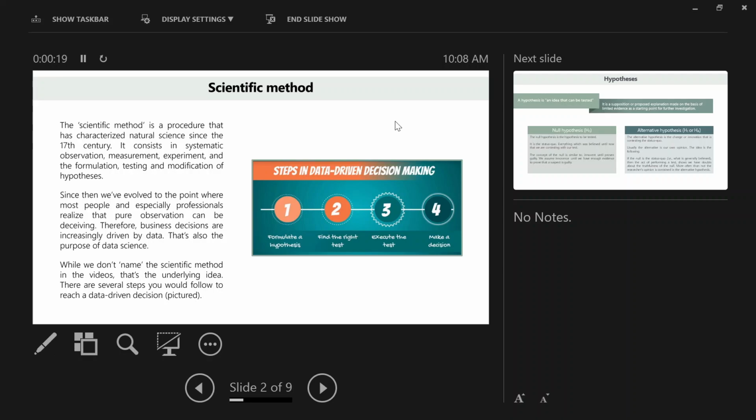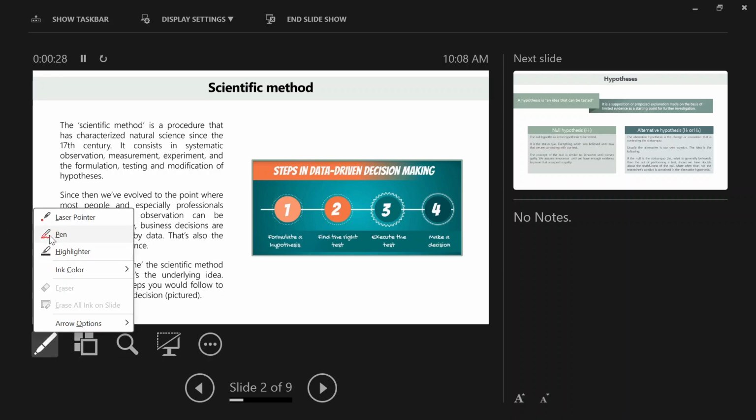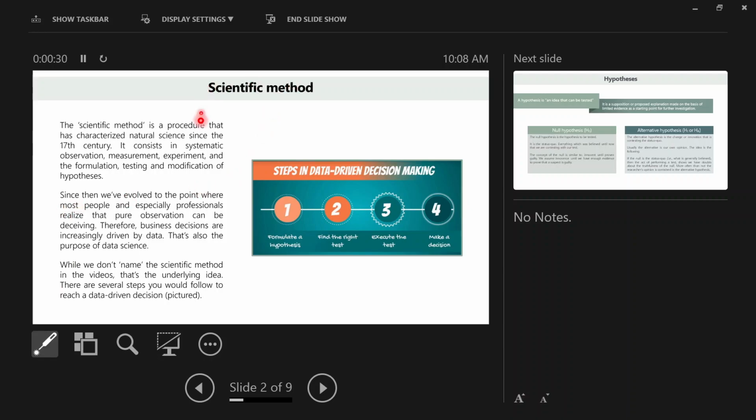So to introduce hypothesis testing, basically hypothesis testing is built on what is called a scientific method. Perhaps it is good for us to define what a scientific method is before we proceed further, to define what a hypothesis is and so on.